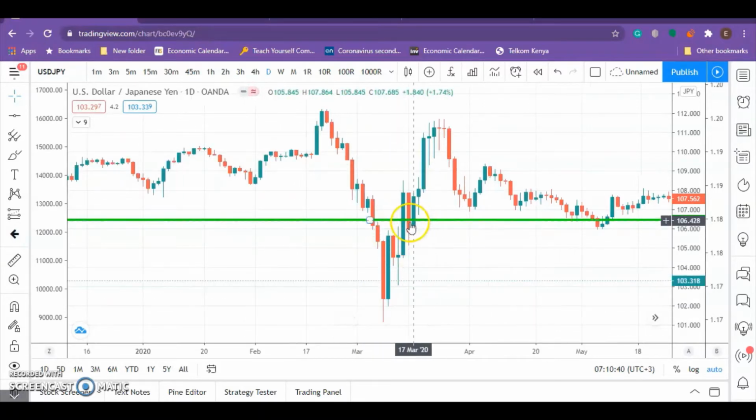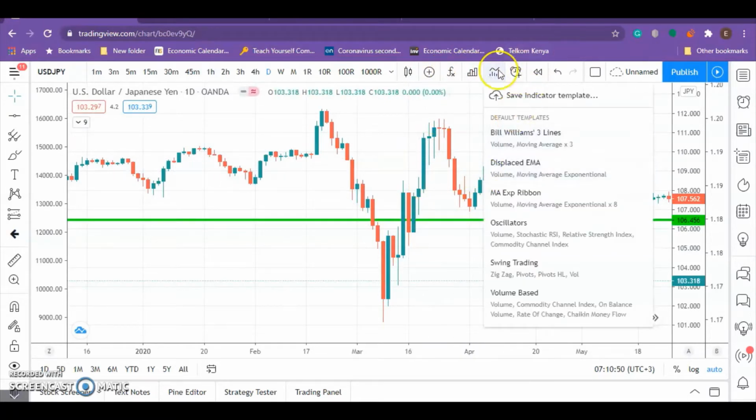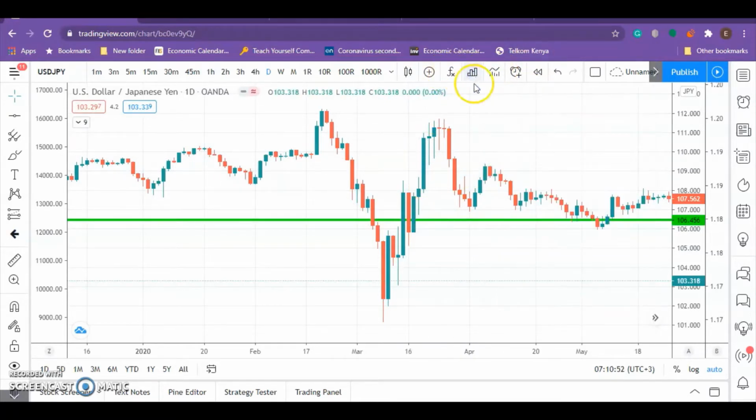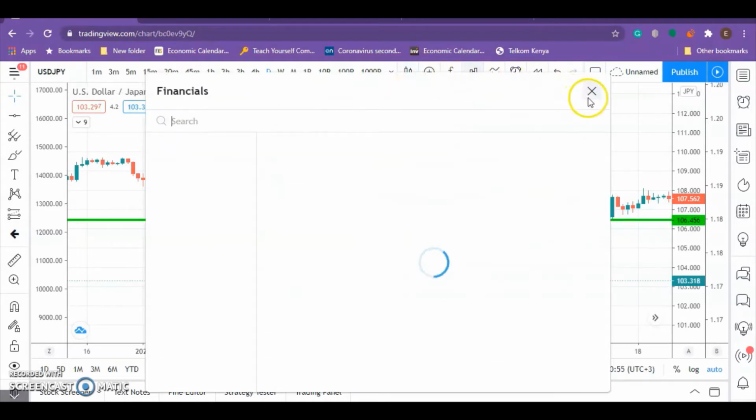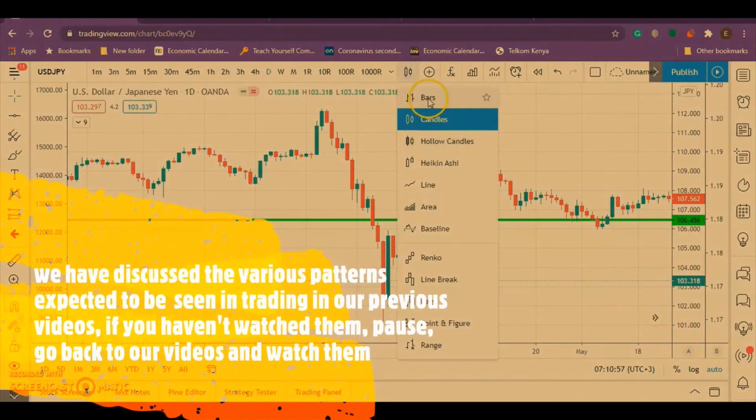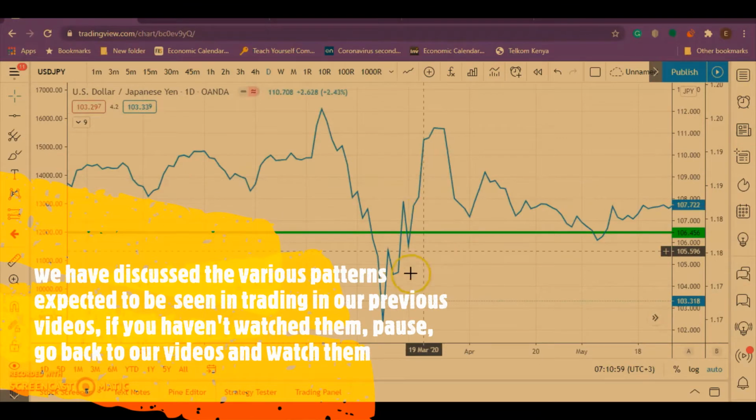On the upside, after it has done its move, you can see a consolidation here with a slight climbing W. I don't know if you can see that, with a climbing W. Let me switch to the line graph. Yeah, you can see this W. We talked about the W formation and the M formation.